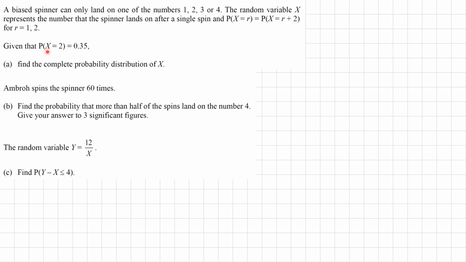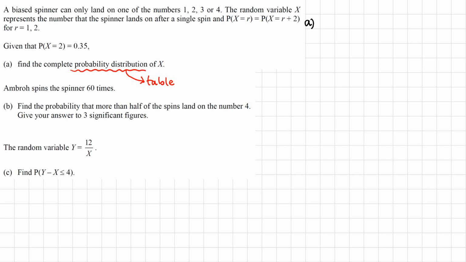Given that the probability of X equals 2 is equal to 0.35, part A, find the complete probability distribution of X. So the first thing to note is that a probability distribution is when we take the probabilities and outcomes and put them in a table.